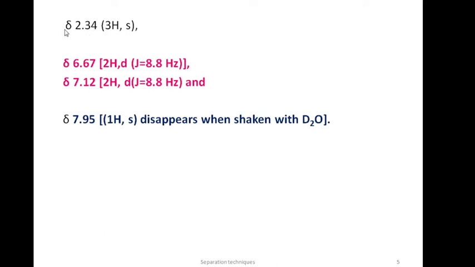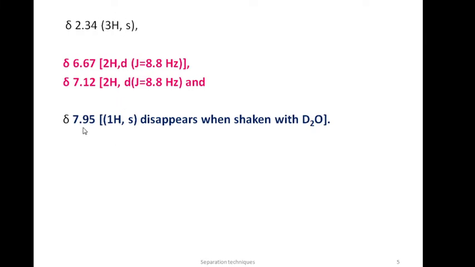Here we have 2.34, which corresponds to 3 protons. So it means there is 1 C and 3 H, which means it is a substituent. It may be a methyl substituent here.